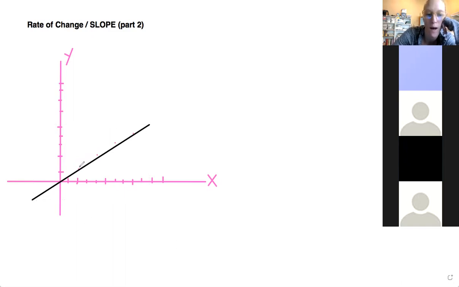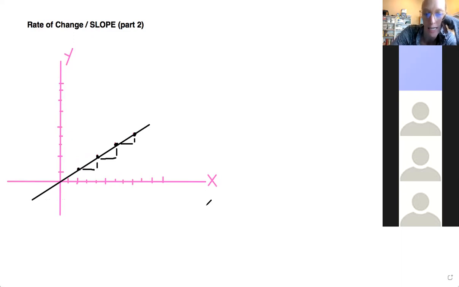As I go from one dot to the next one, it goes over 2 spaces and up 1, over 2 spaces, up 1, over 2 spaces, up 1. So that's what we call our rate of change or our slope. Okay, so that's just a quick reminder. So now let's talk about some new stuff.